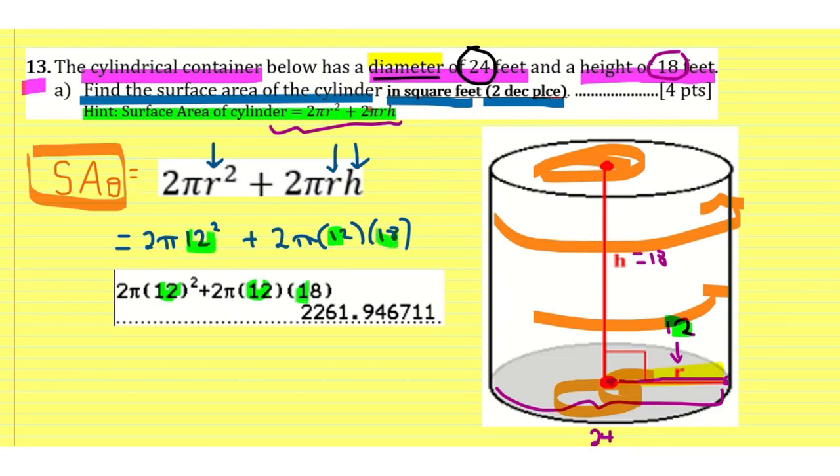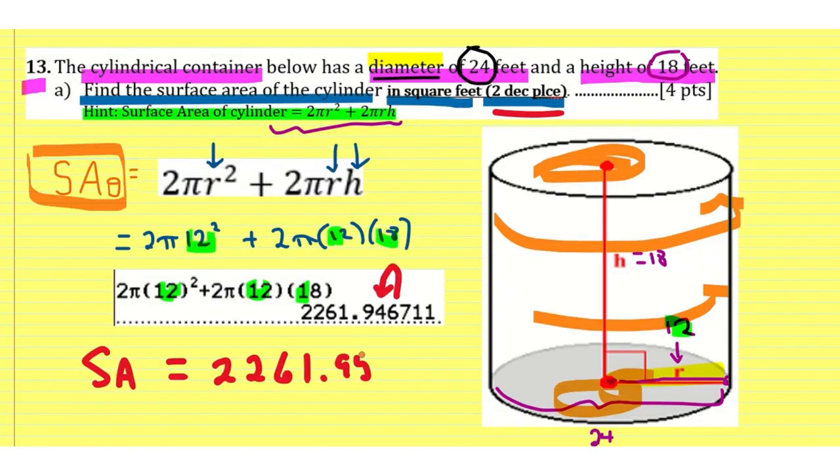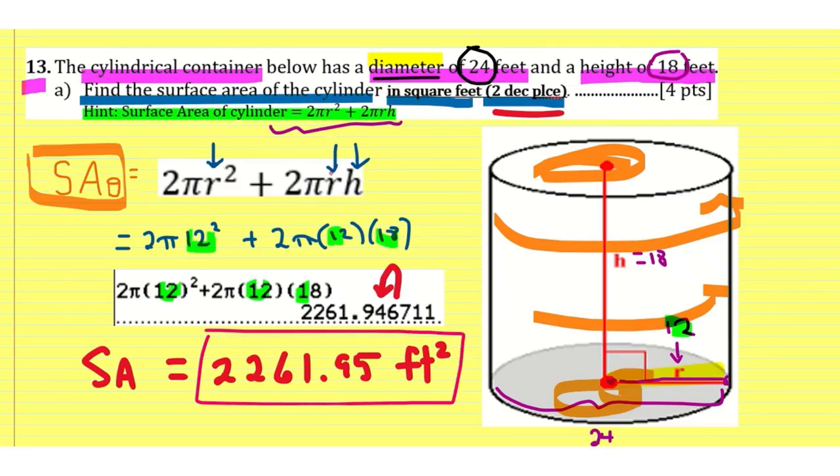And when we calculate that out, the total surface area of our cylinder is going to be equal to 2,261.95. To 2 decimal places, the 6 is big enough to change the 4 to a 5. Area is always squared, two-dimensional. So these are feet, so it's going to be feet squared. Surface area of our cylinder, 2,261.95 square feet.